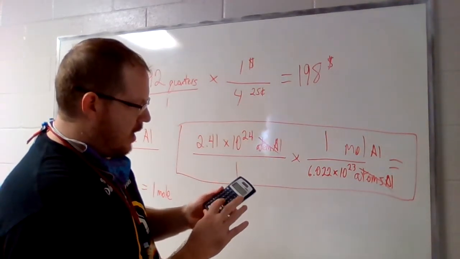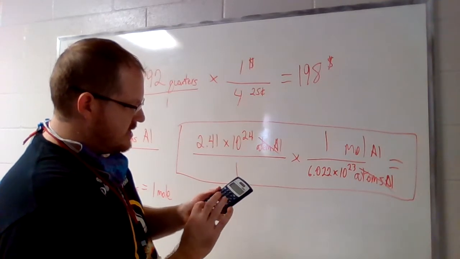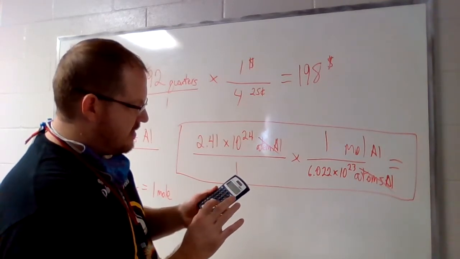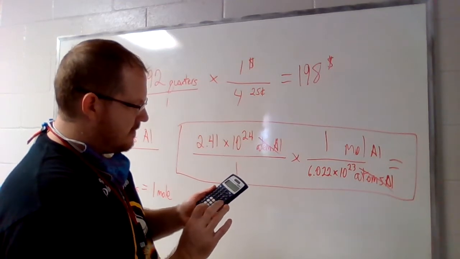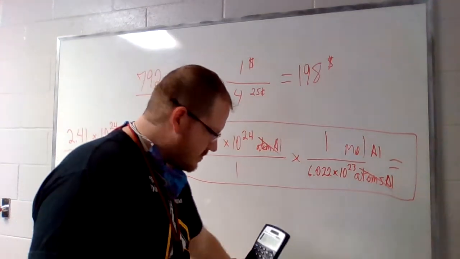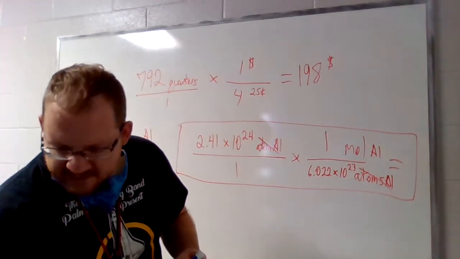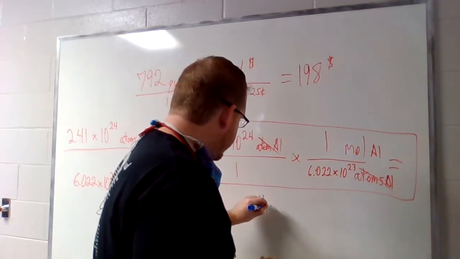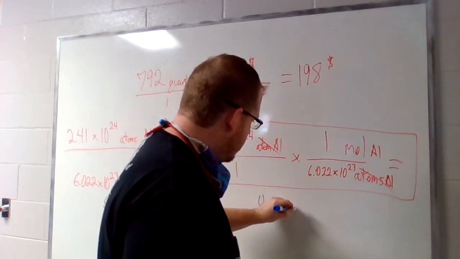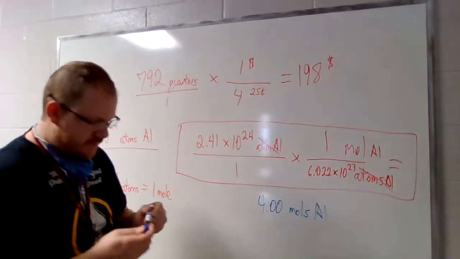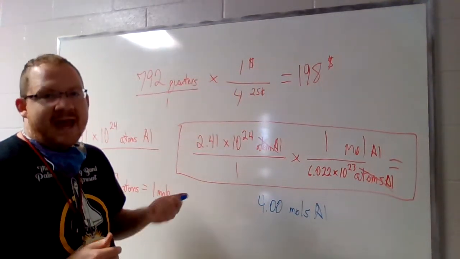Divide by, open a new bracket, 6.022 times 10 to the 23rd power, close the bracket, hit enter, and the answer I got is a wonderfully reasonable 4.00 moles of aluminum.